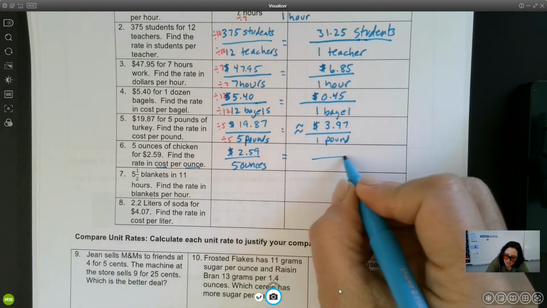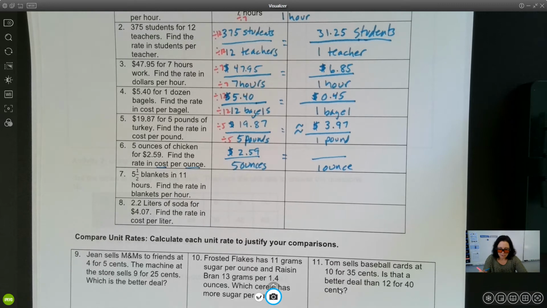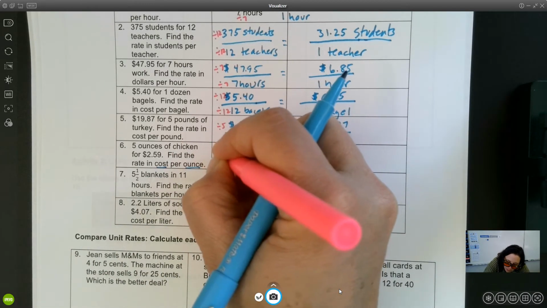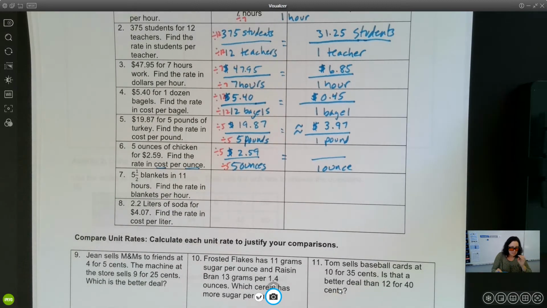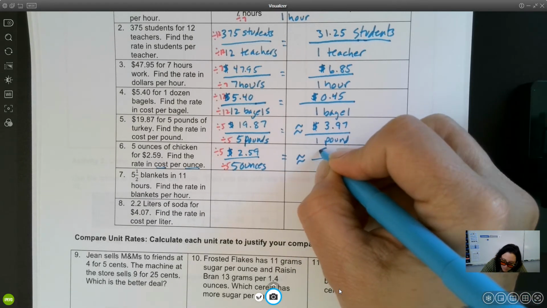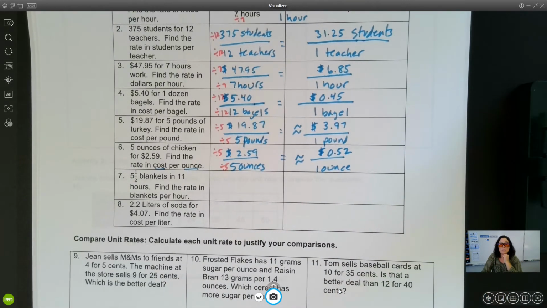And then we're going to have 1 ounce by dividing by 5. $2.59 divided by 5 comes out to be roughly 52 cents per ounce. And again, I rounded that.